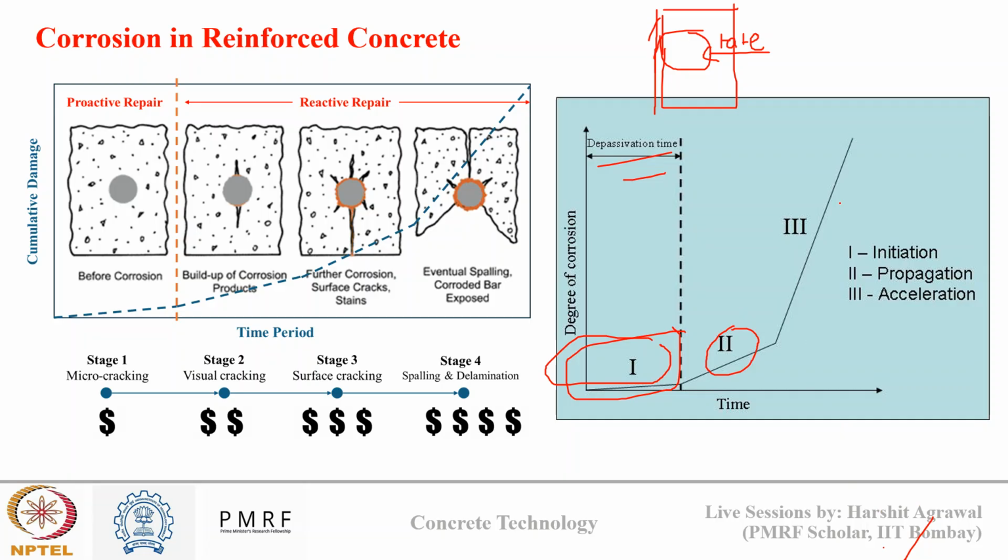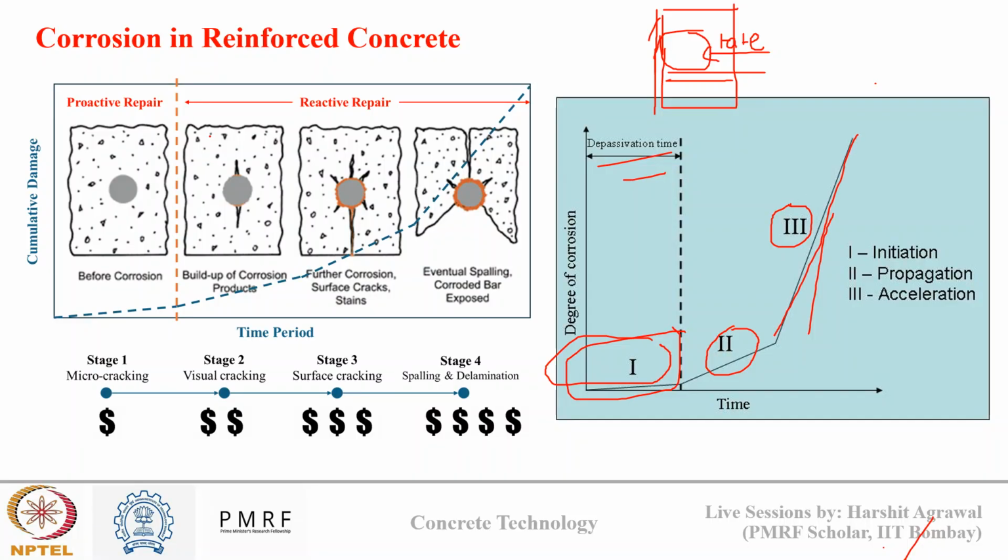And when cracking happens, there is a shoot up in corrosion rate, because now I have a clear path with which ions can directly interact with the steel, because there is a crack through which oxygen can directly reach the steel. And in this stage, the rate at which the degradation is happening will also increase, and that will represent the third stage, which is known as the acceleration period, which has a very fast rate of degradation.